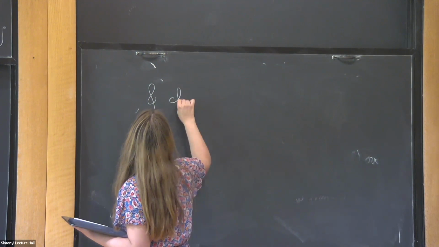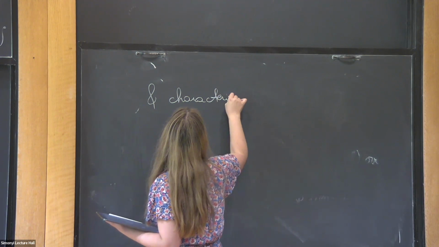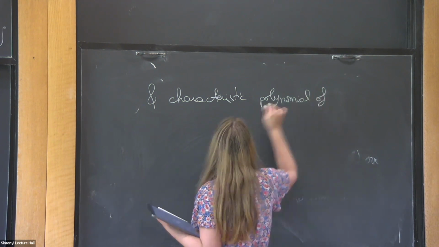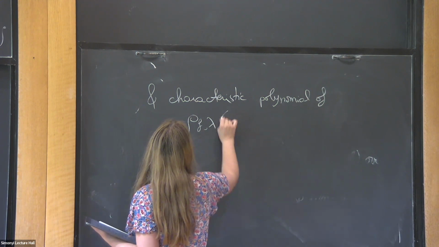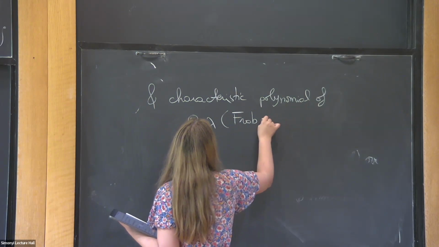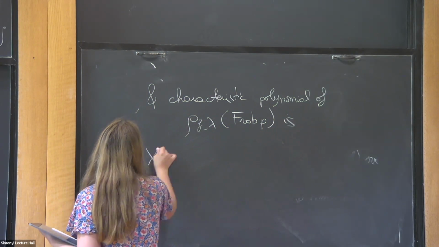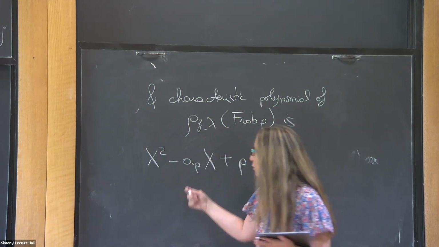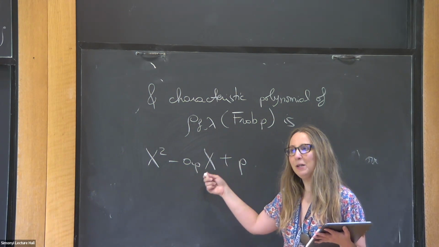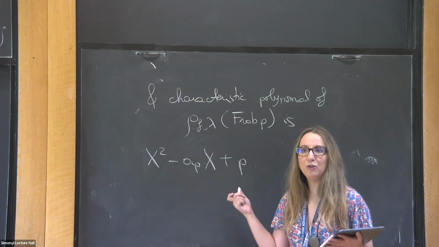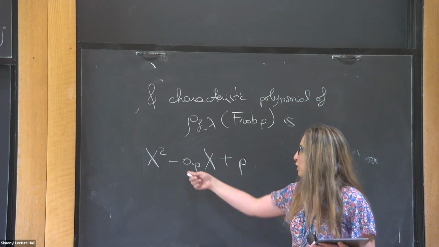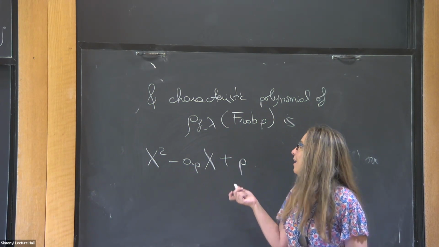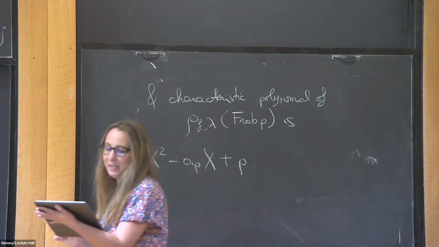So the characteristic polynomial of rho f lambda at p is x squared minus a_p x plus p. So the Fourier coefficient that shows up, the coefficient of q to the p in the Fourier expansion of the normalized eigenform, which is also the Hecke eigenvalue of the Hecke operator Tp, shows up as the trace of this matrix on the side of the Galois representation.